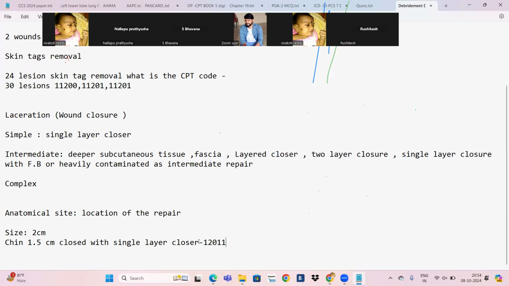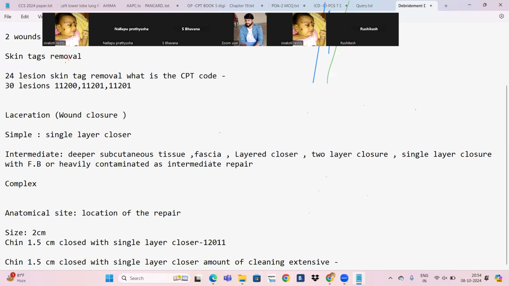Same concept. Closed with single layer closure. Amount of cleaning: extensive. Then what type of repair will it be?